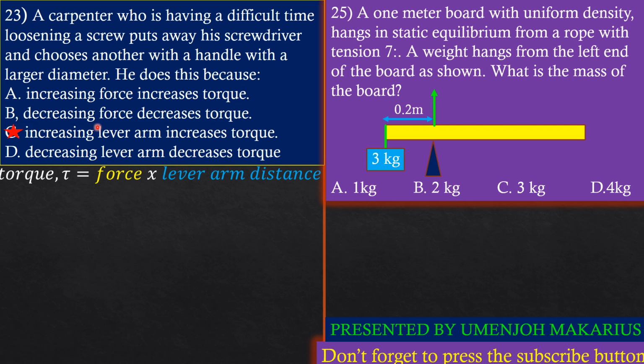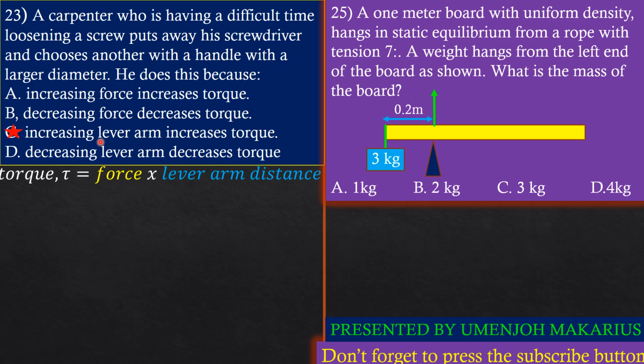B, decreasing the force decreases the torque. The carpenter, friends, has not decreased the force. The force is kept constant. C, increasing the lever arm distance increases the torque. Perfect, guys. Option D, decreasing the lever arm distance decreases the torque. The carpenter would rather increase the lever arm distance. Great. So option C is the best.